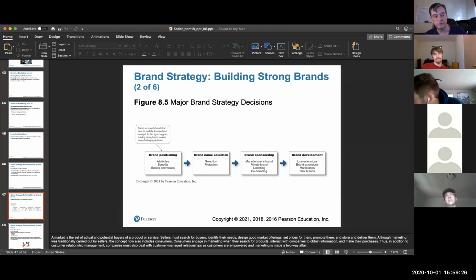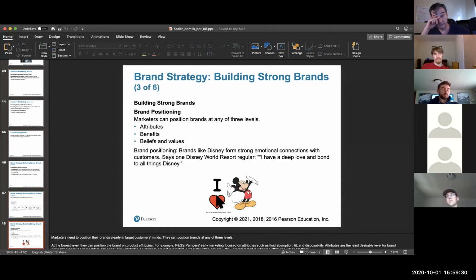How are you going to make it? Well, you have to start with the brand positioning, and to do a brand positioning correctly, you have to have very well defined the product attributes, the benefits you are giving to your customers, and the beliefs and values of your marketing offering.